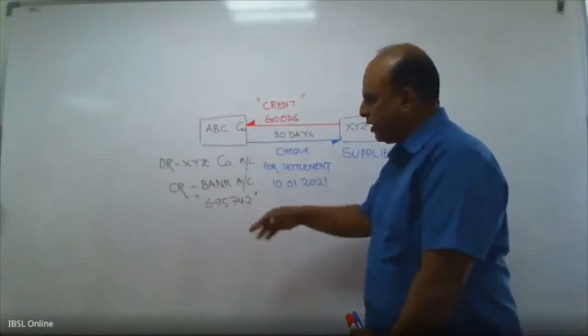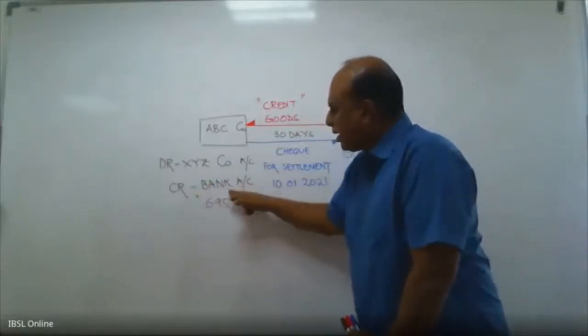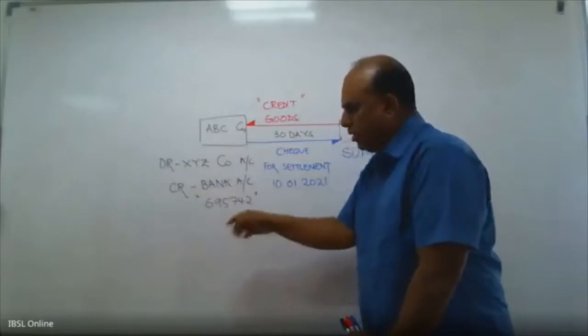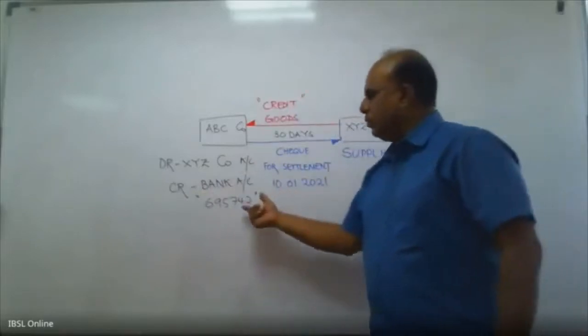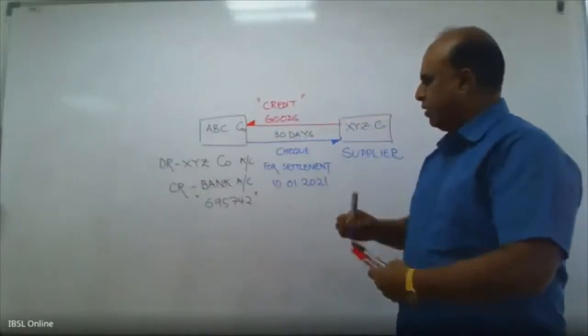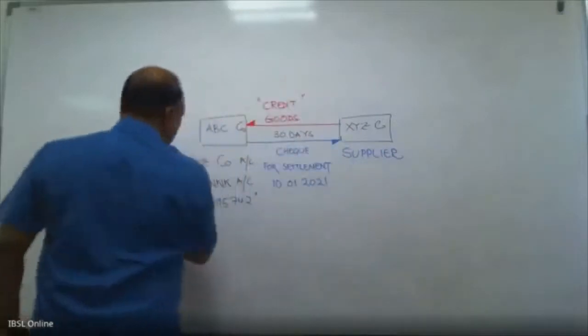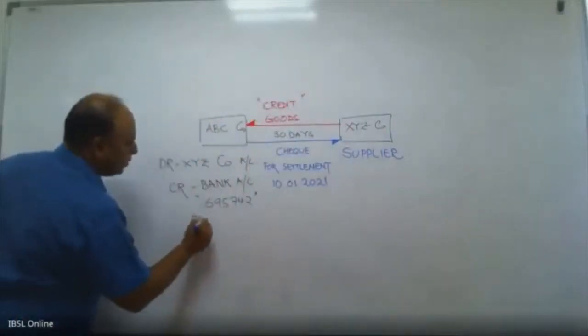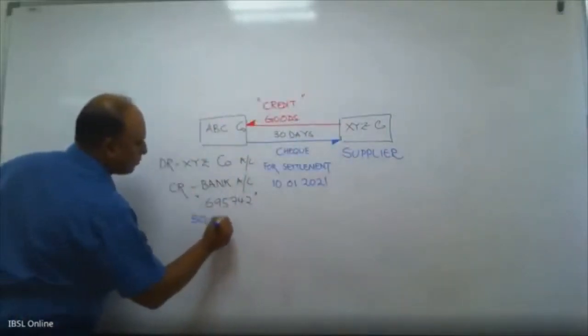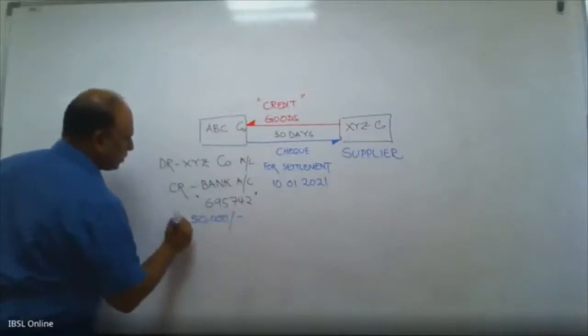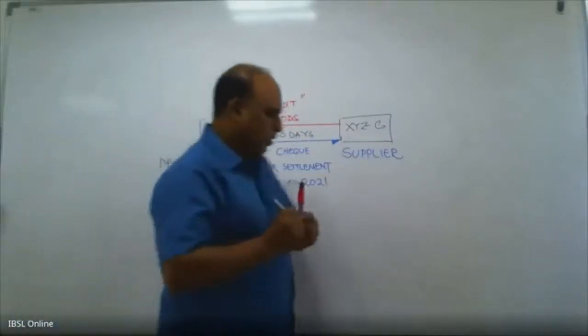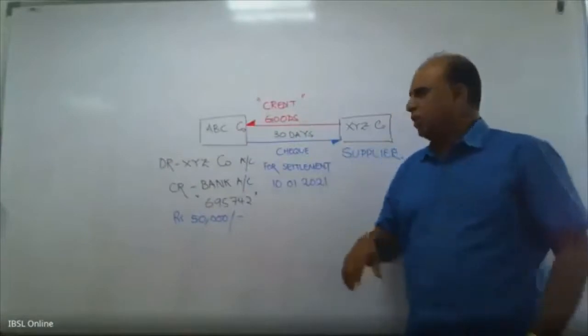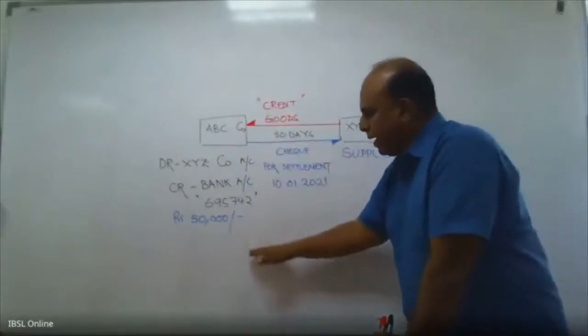You have credited your bank account. Bank account means in the cash book, bank column. Let's put an amount also to understand it better, rupees 50,000. So what will happen in your cash book? You will reduce your bank balance by 50,000.